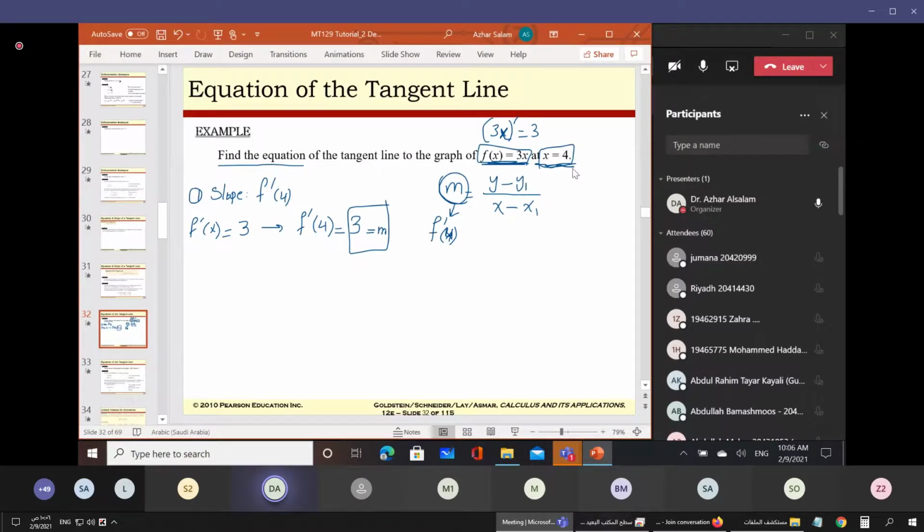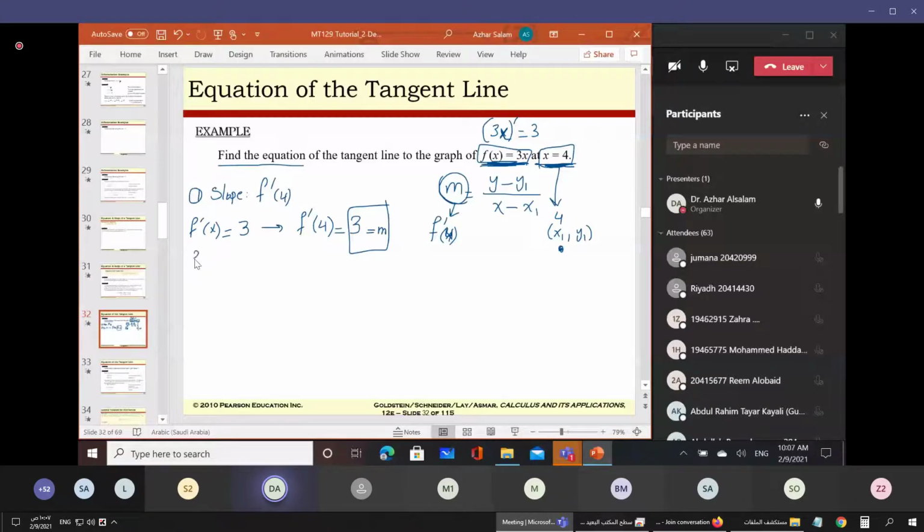Now I need a point, actually. I have x equals 4 here, so I need only the y coordinate. In the plane, when I have a point, I need x1 and y1. Here x1 is given as 4, and I will use f to find y1.